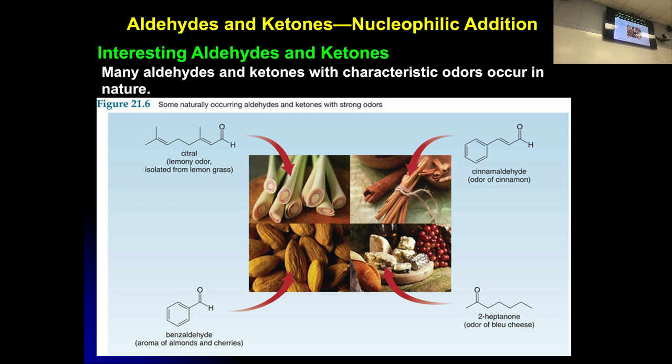What's kind of unique about this? How many other functional groups are there? There's the aldehyde. Are there other functional groups? We've got the alkenes, right? So this is an example of a molecule that has both the alkene functional group and the aldehyde functional group. How many carbon signals would you expect to see for citral?